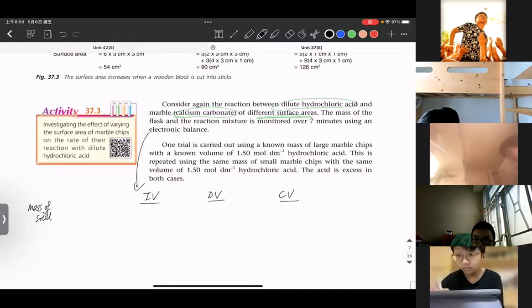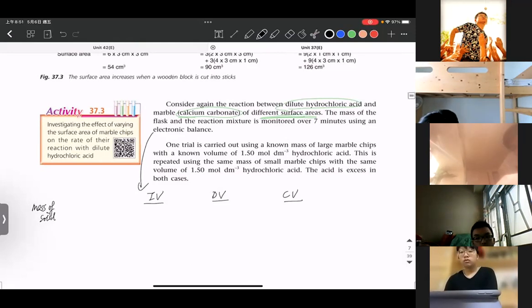Now take a look at the purpose of the experiment. The experiment you need to consider is to find out the effect of the solid of different surface area, the calcium carbonate with the surface area, on the rate of reaction between calcium carbonate and HCl. So the independent variable is the different surface area.